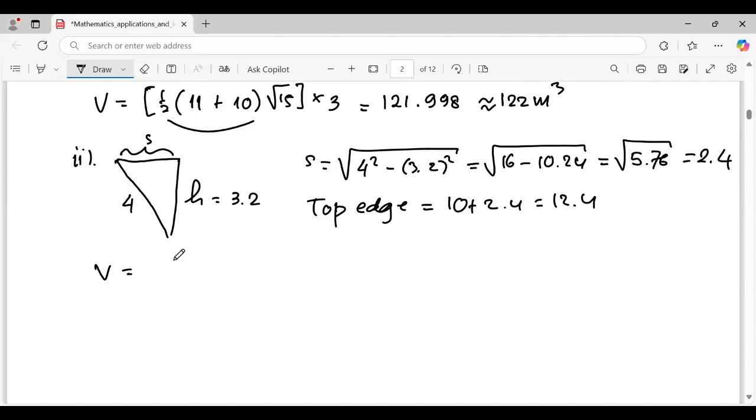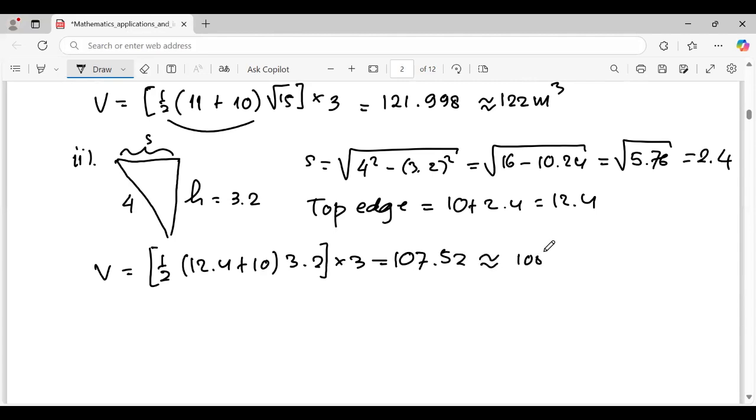Volume equals 1/2 times 12.4 plus 10, the top edge plus the base, multiply 3.2, which is the height, multiply the width, 3. If you calculate, 107.52, round off 108 meter cube.